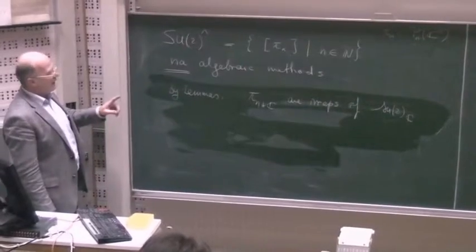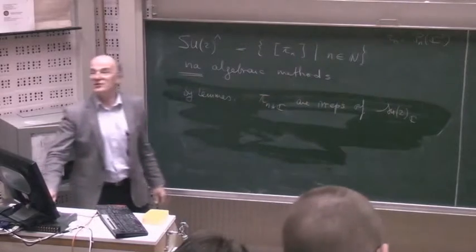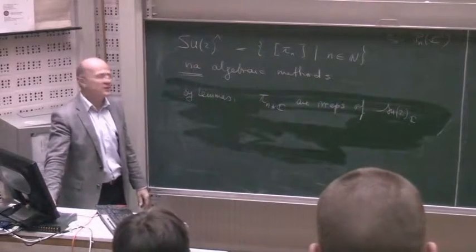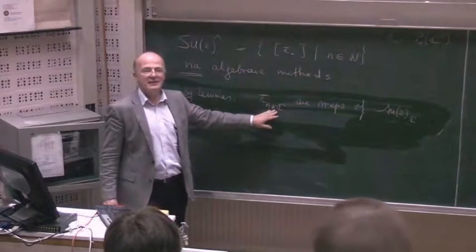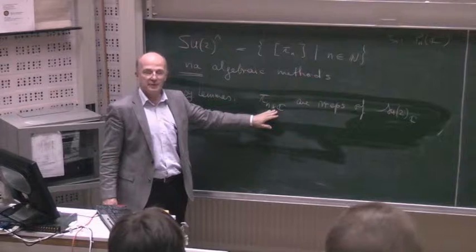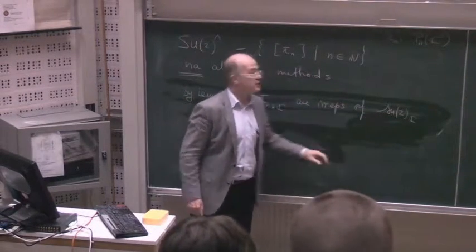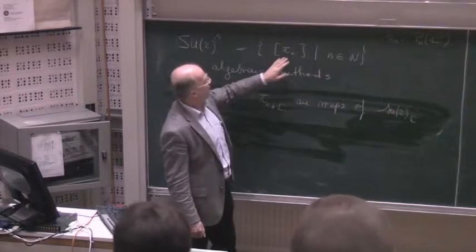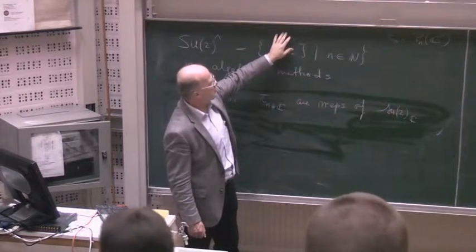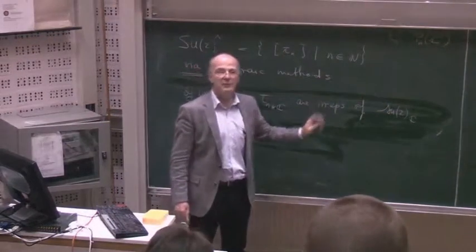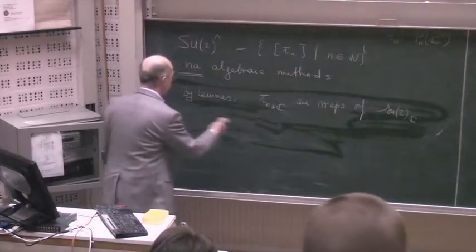And to show that these exhaust the equivalence classes of the irreducible representations, it is sufficient to show that these exhaust the equivalence classes of irreducible representations of the Lie algebra. Right? Because if there would be more irreducible representations of the group, then there would also be more irreducible representations of the complexified Lie algebra.